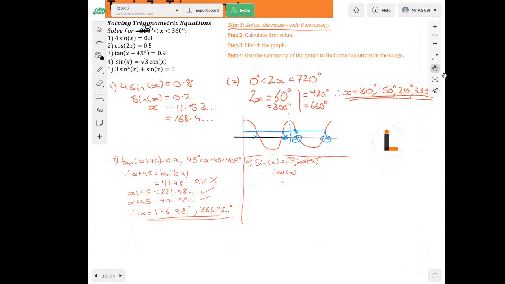So on the right hand side we're just left with root 3. Then on the left we'd end up with sine x divided by cos x, which we know is just tan x. And then from there this becomes a fairly straightforward question. We don't have to adjust the range or anything else. We just solve for x.